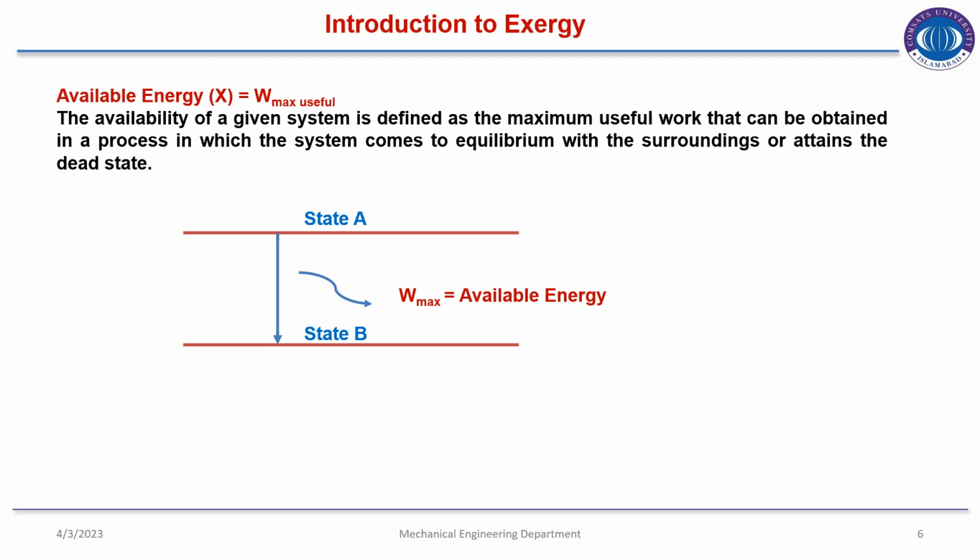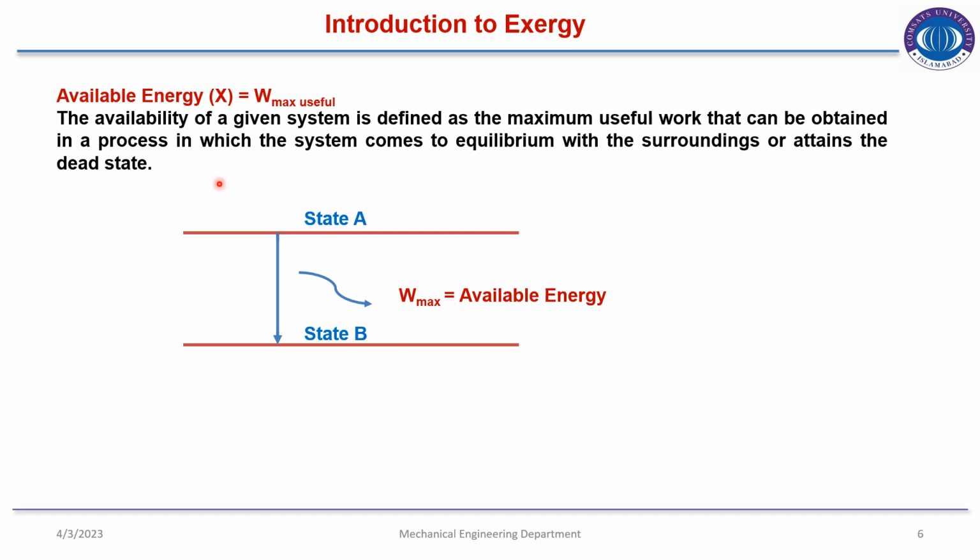For example, here we have a state A, where the body is at a certain temperature T. When it goes, it rejects that energy in the form of work. Here we utilize the temperature difference to gain the maximum amount of work, and the body temperature reduces and it reaches the dead state. Here state B is representing the dead state.